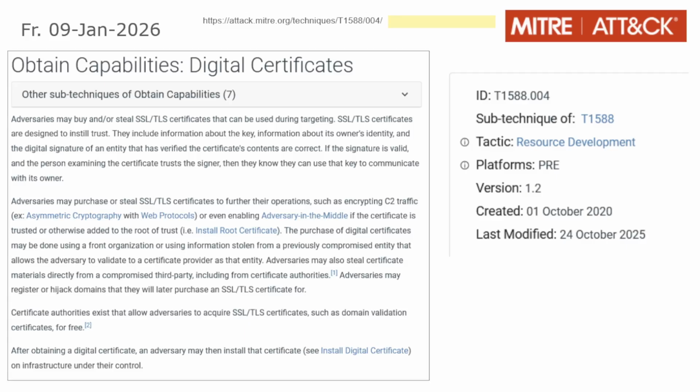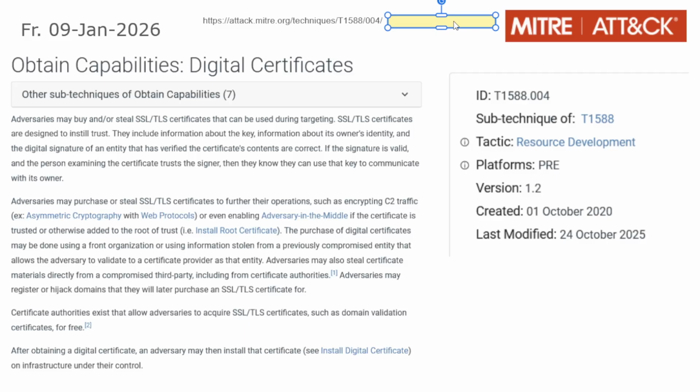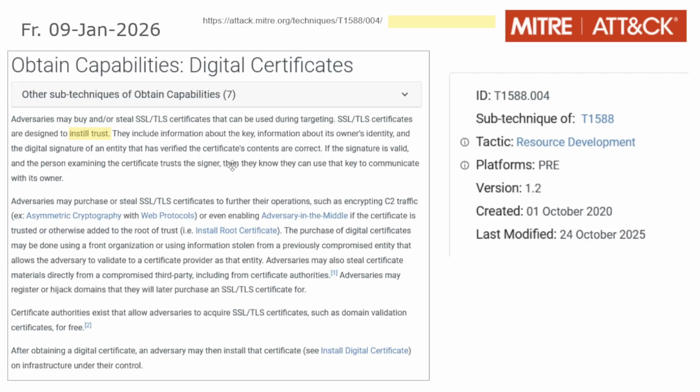Okay, SSL, TLS certificates are designed to instill trust. Yes, they are also designed to instill certification, okay, not encryption. So you can use that to encrypt your data, and of course you trust data more if it is encrypted. They include information about the key, information about its owner identity.